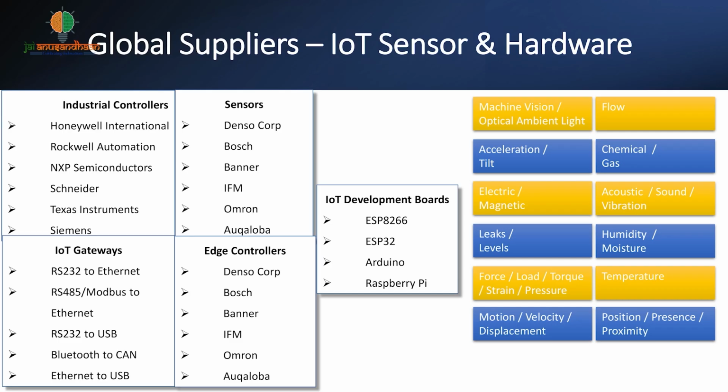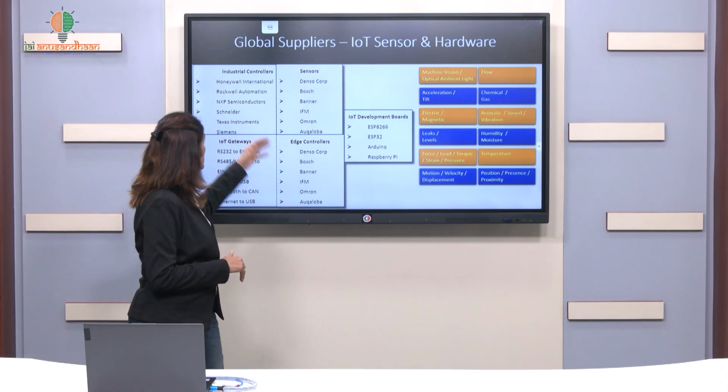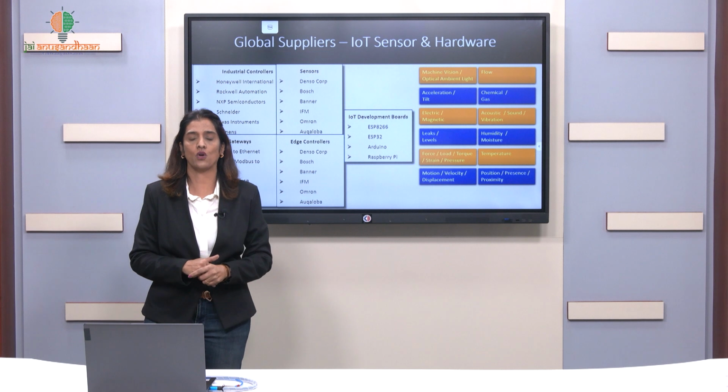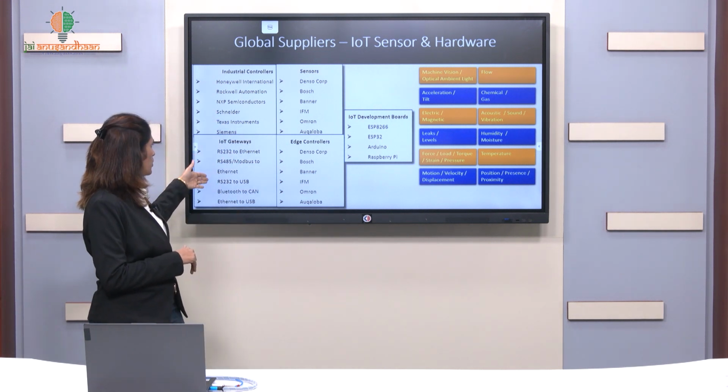These are some of the global suppliers or manufacturers of IoT sensors and hardware. These are the industrial controllers. The key players are Honeywell, Schneider, Rockwell, Siemens. These are the manufacturers of the IoT industrial controllers. Then these are the IoT gateways.